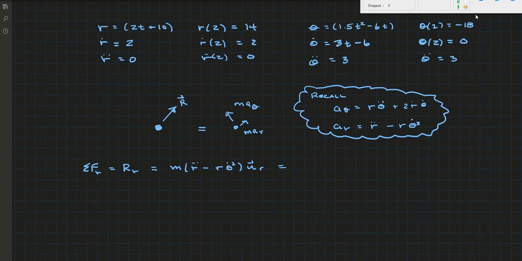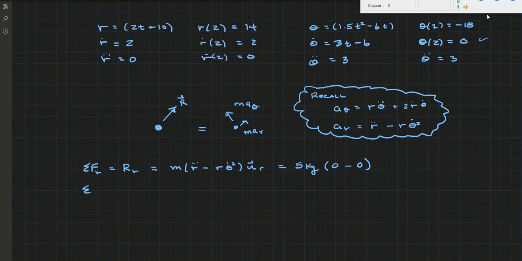Then we can put in values of 5 kilograms, and r double dot is 0, and we subtract off r times theta dot squared, and theta dot here we see is equal to 0 too. So this term is equal to 0.